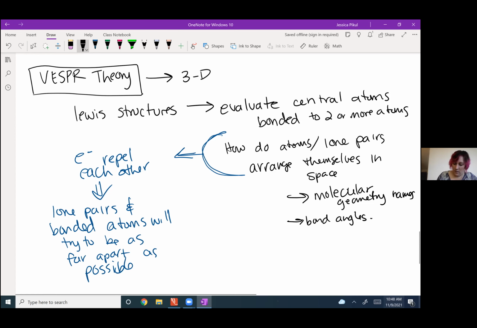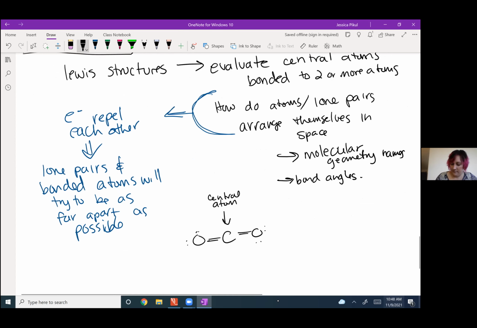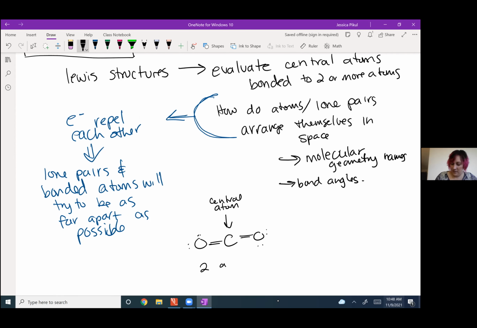So like for carbon dioxide, right? This carbon right here is our central atom. Those oxygens aren't bonded to anything else. It has 2 atoms bonded to it and no lone pairs.